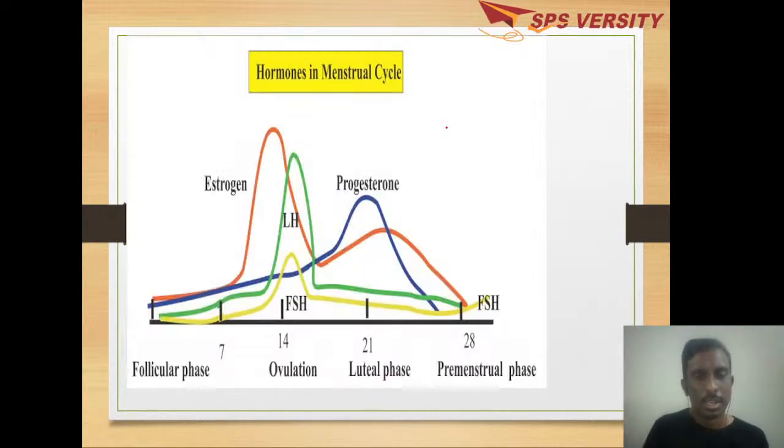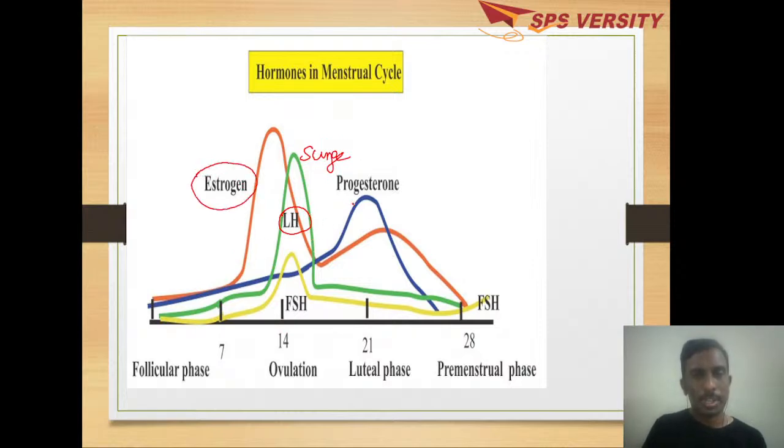So here you can see the changes of various hormones. That is, during ovulation, the LH level is high, which is called LH surge. Before ovulation, the estrogen level is high.